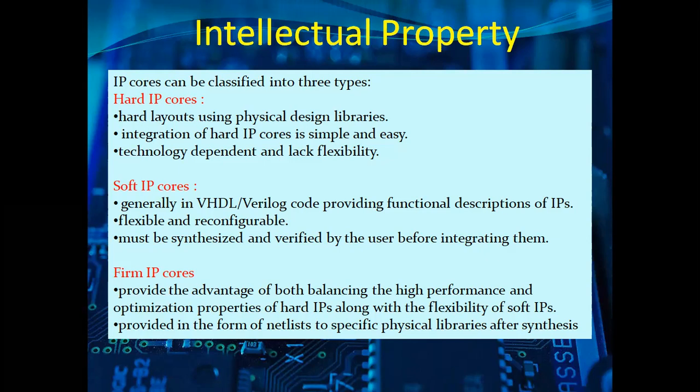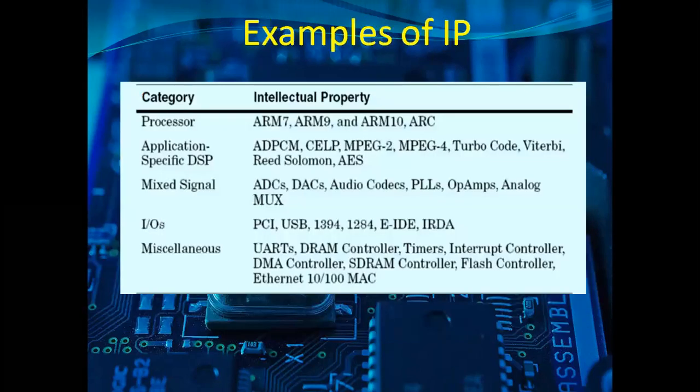Next is the platform based approach. But before that, here are a few examples of popularly used IPs. At the processor level, ARM 7, 9, 10 are used as IP cores. Then ASIPs, that is application specific processors, such as Turbo, Viterbi, and Reed-Solomon codes, which are basically encoders.